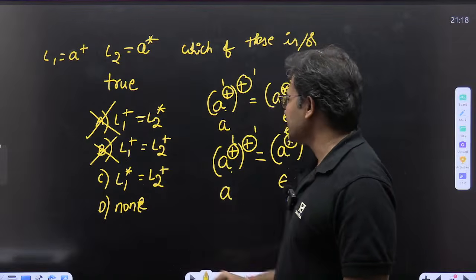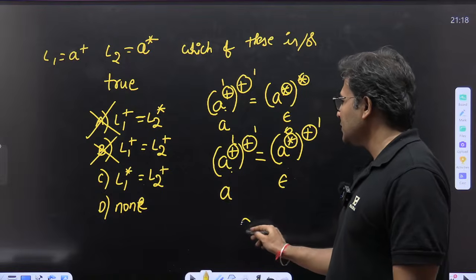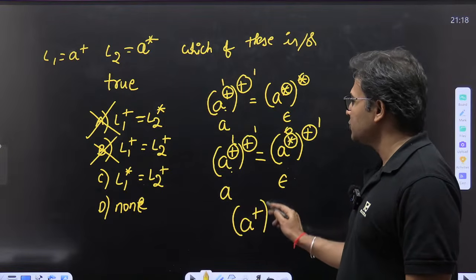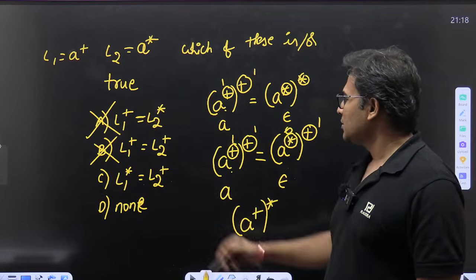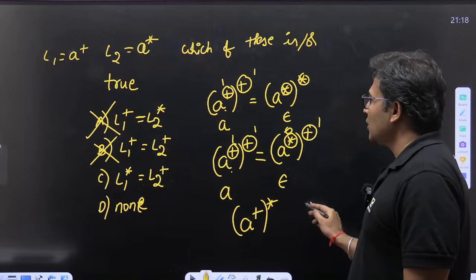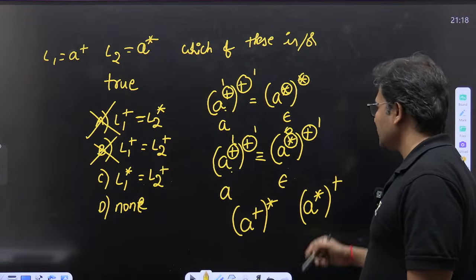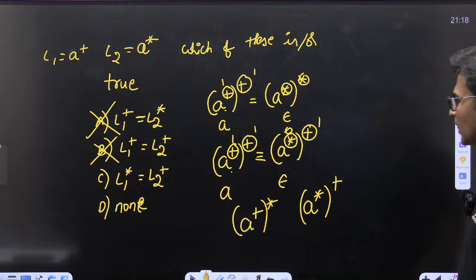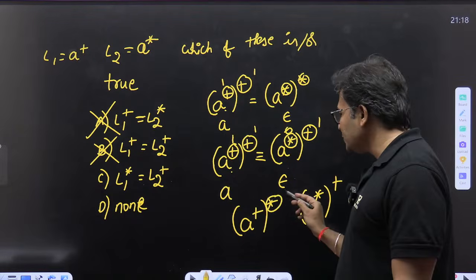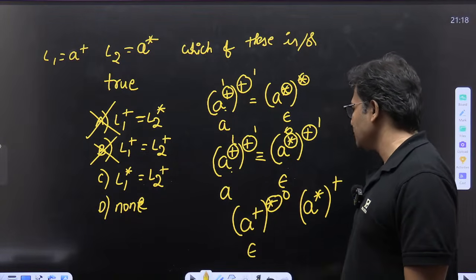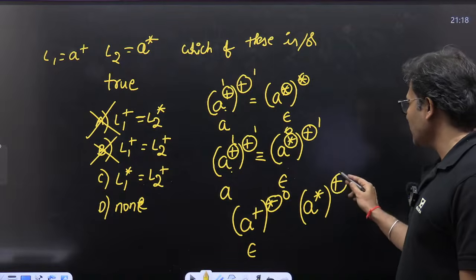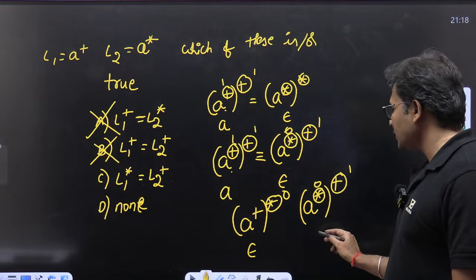Now let's see this. C. C is (A plus) whole star and L2 plus. What is L2 plus? L2 plus is (A star) whole plus. So if I put a 0 here, it is giving me epsilon. Now if I put a 1 here, if I put a 0 here, it is also giving me epsilon.